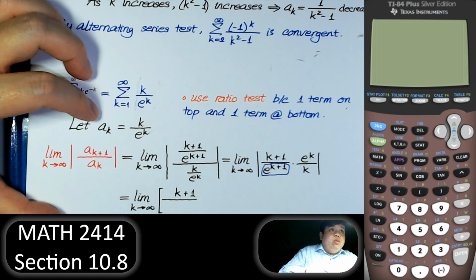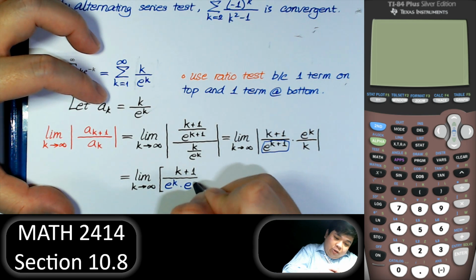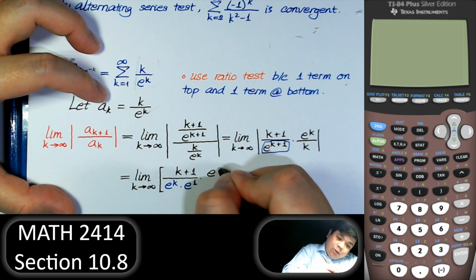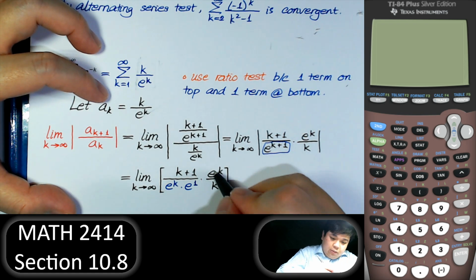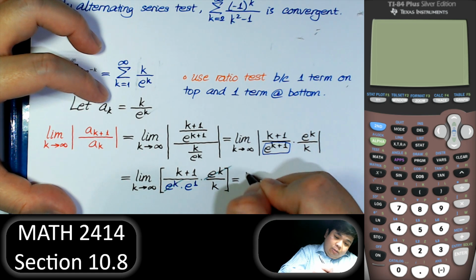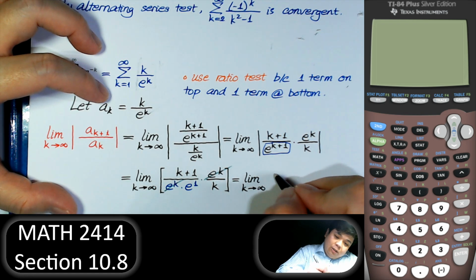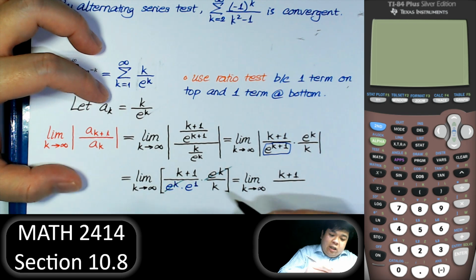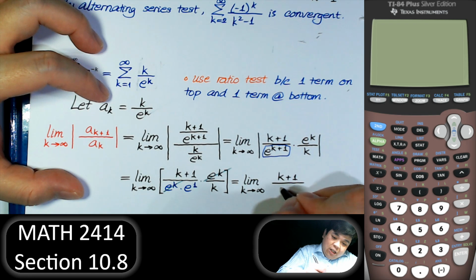And that term will be written as e to the k times e to the first, e to the k over k. So the top we just have k plus 1. Like I said, no need for absolute values. The bottom, e to the k, e to the first, which is e times k.